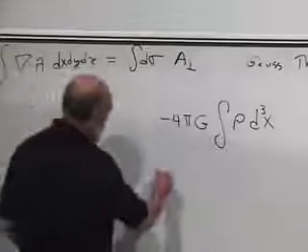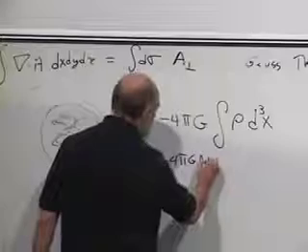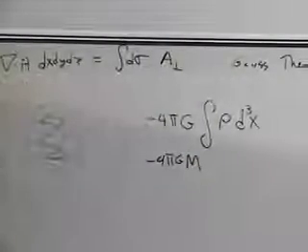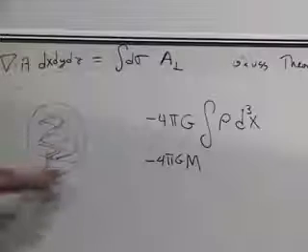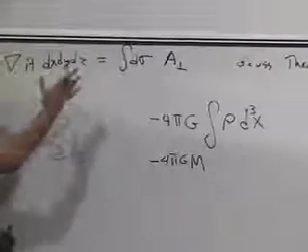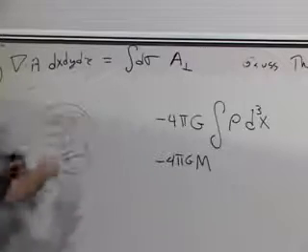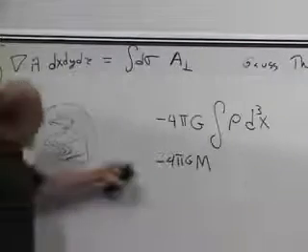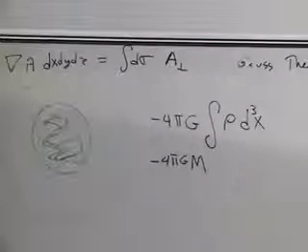Okay, so let's rewrite that. That's minus 4 pi g times the mass within the sphere. Let's call this a planet. If the red sphere is bigger than the planet, then it's the entire mass of the planet in there. Minus 4 pi g M is the left-hand side.